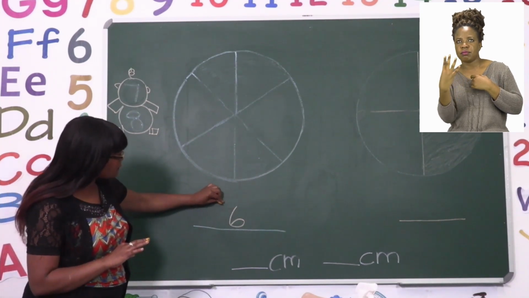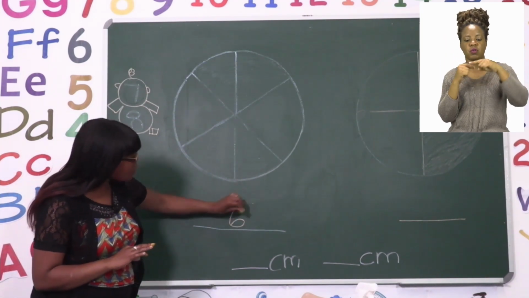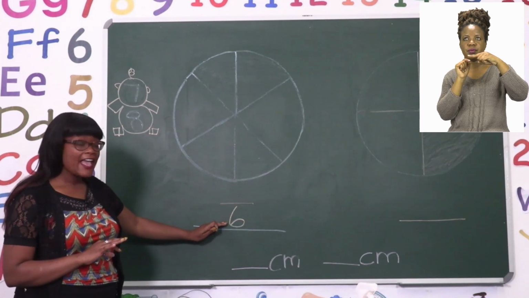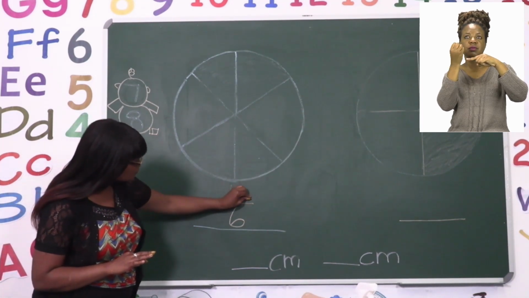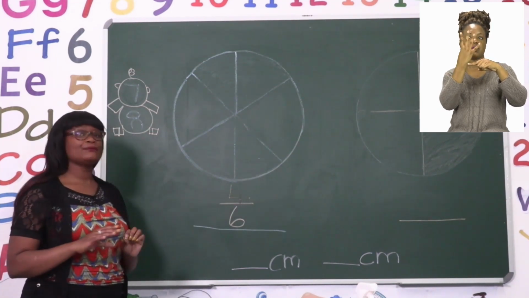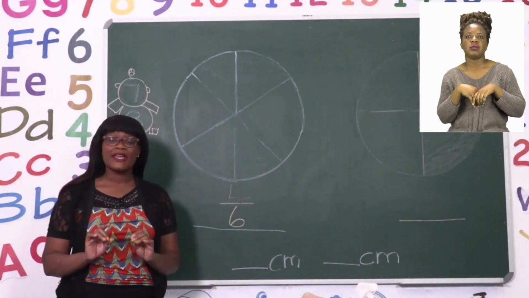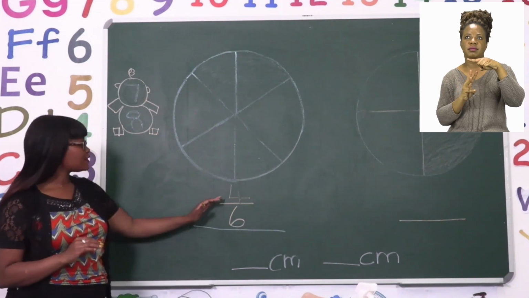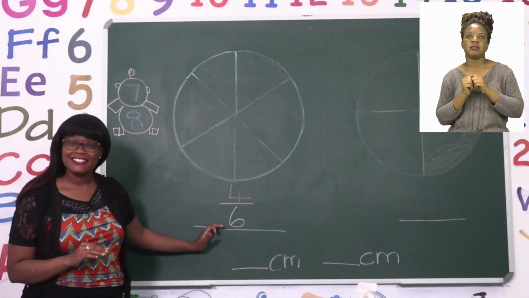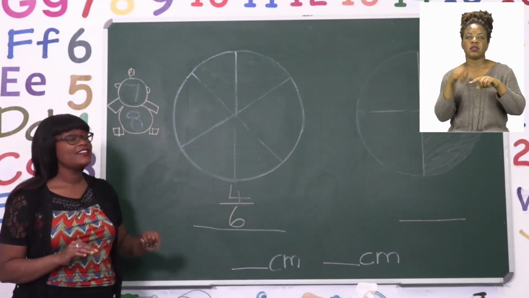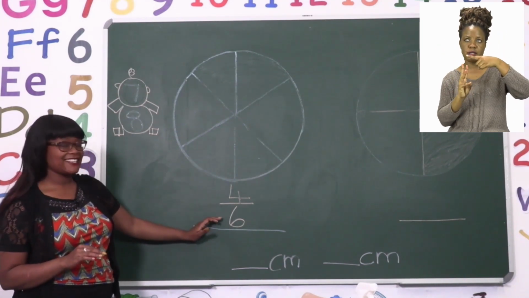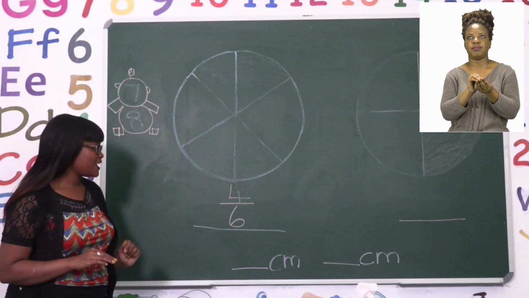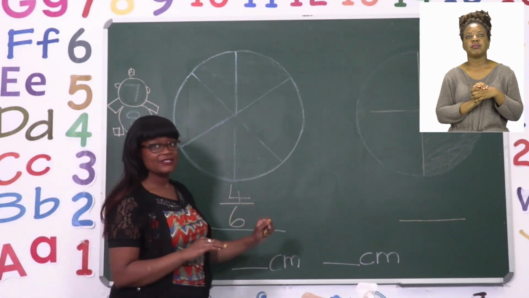And to write them, we put a line on top of our total and then we write how many we have that are colored. So we have now come to our correct fraction. So we know that there are 4/6 that are shaded or colored. 4/6.